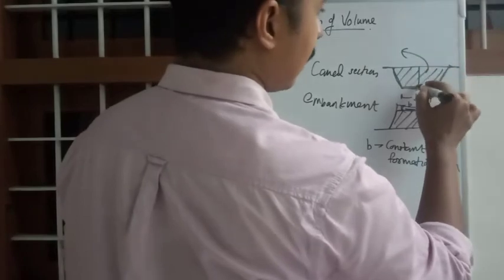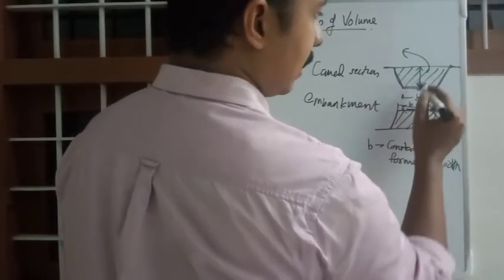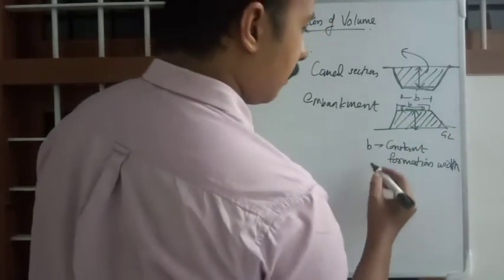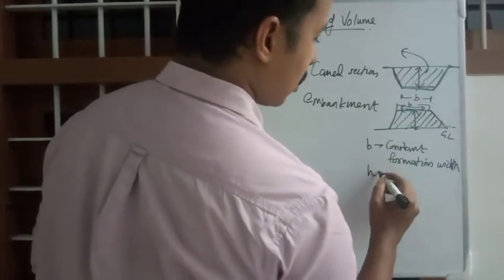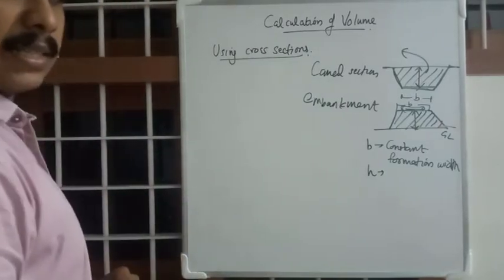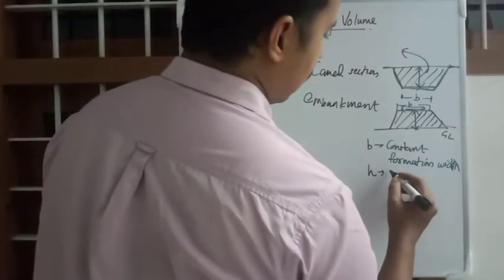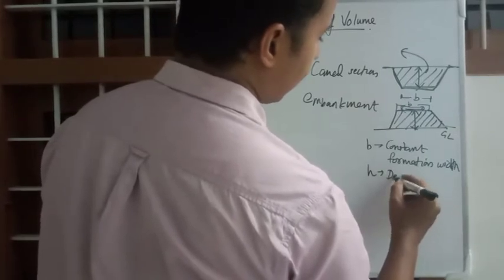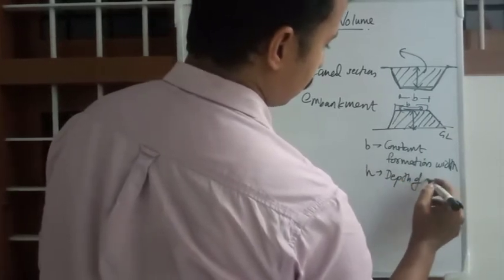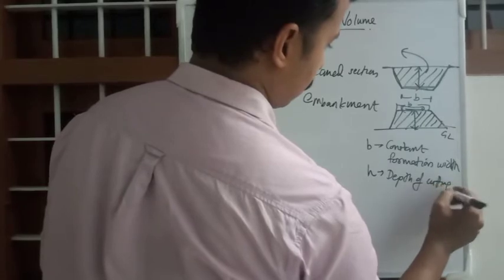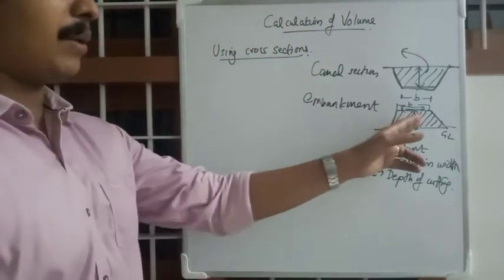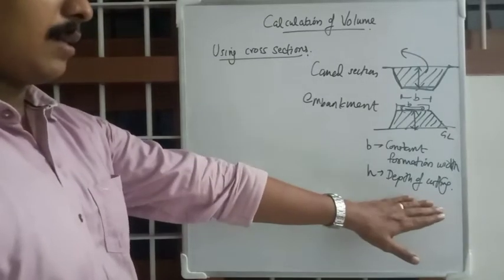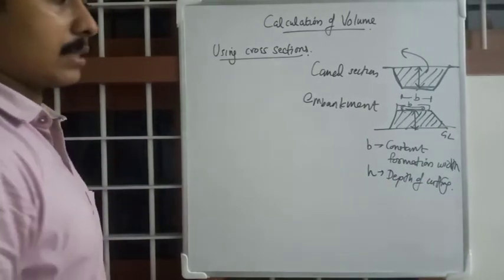And there will be a depth in this case and a height in this case. For both we will be terming it as h. For canal section it will be depth of cutting, and for embankment it is height of deposition. Let it be depth of cutting for further.